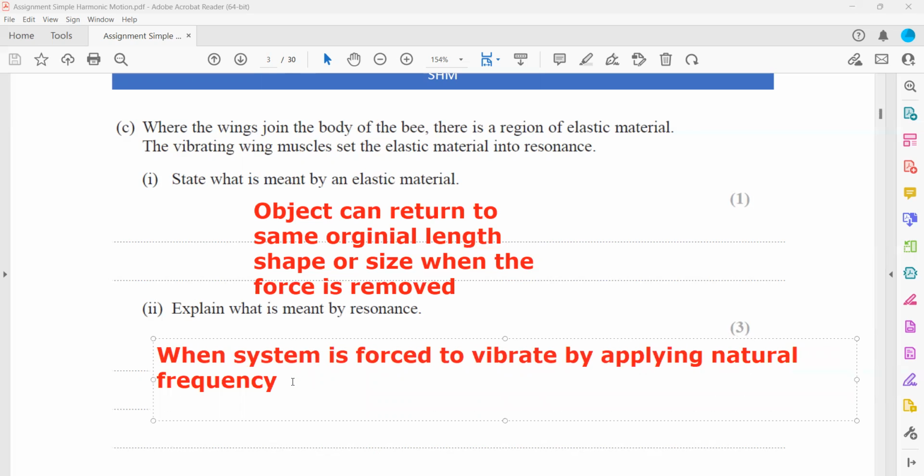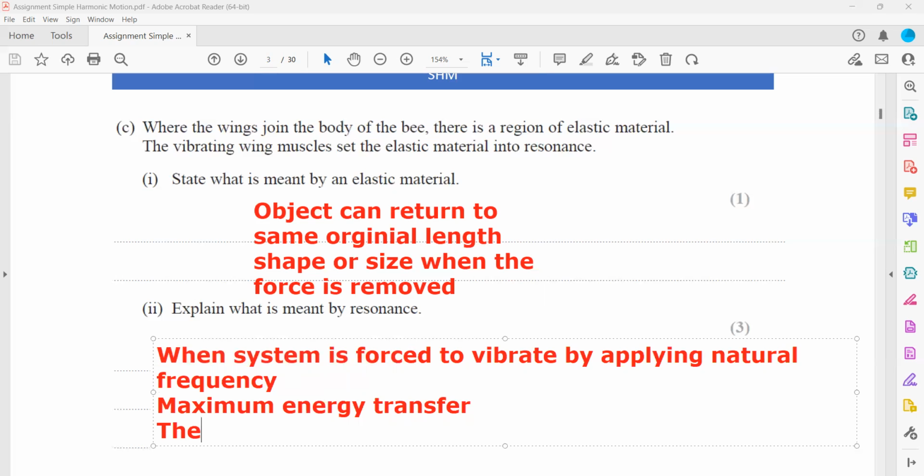What is the second mark? The maximum energy will transfer. And what will happen? The amplitude of the vibration will be maximum.